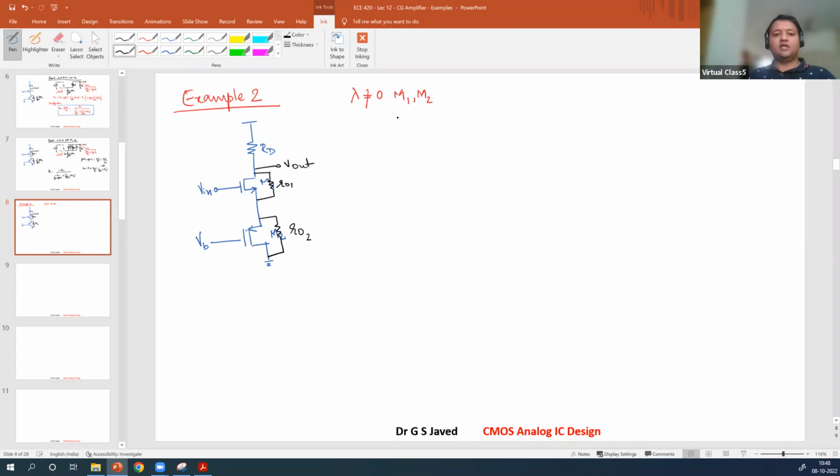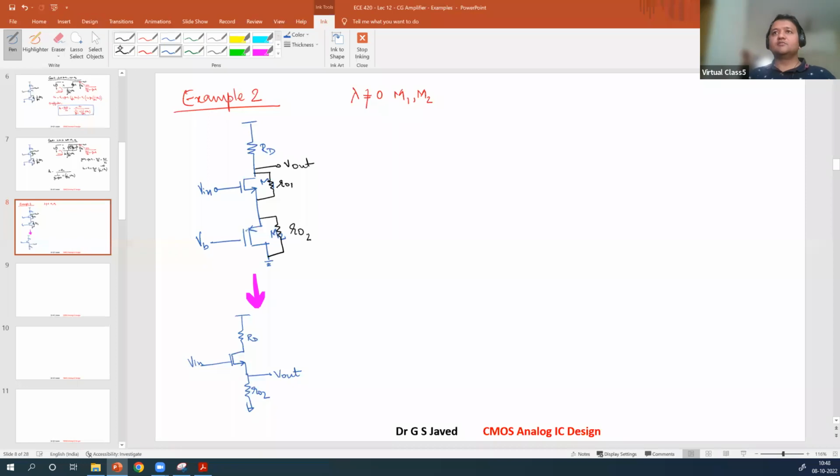So if you find out the gain, the circuit will now look like one over RD, NMOS device with the input Vin, VDD, and this will be RO2. Here is the Vout.